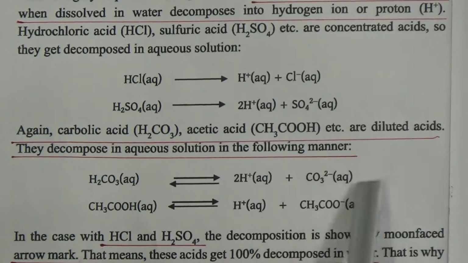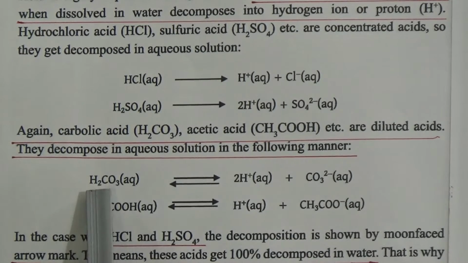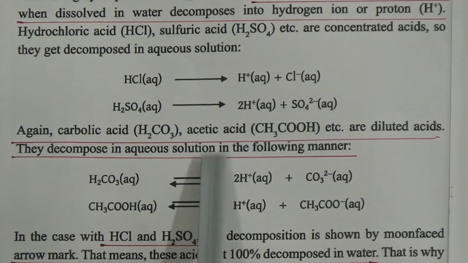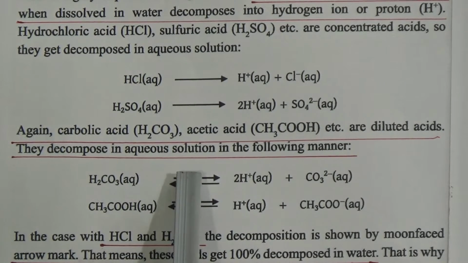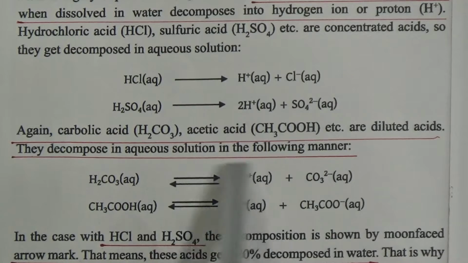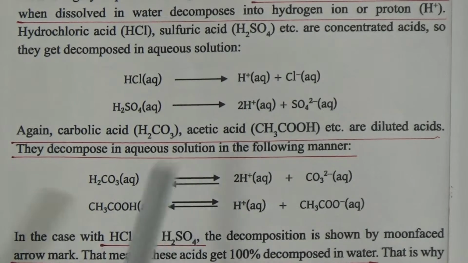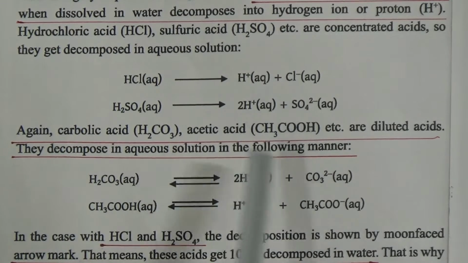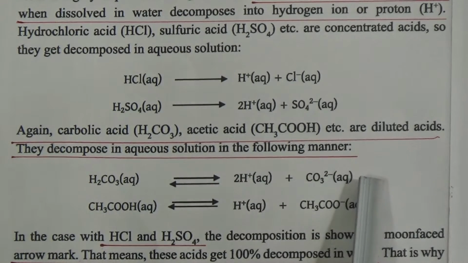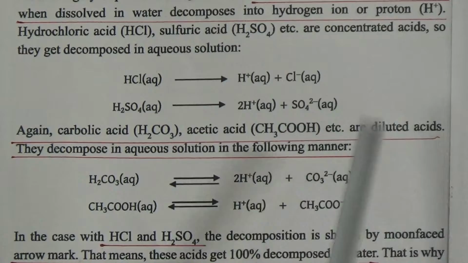One is showing this way, another is showing this way. That is the sign of a weak acid, because they partially decompose in water. That's why they are called weak acids.